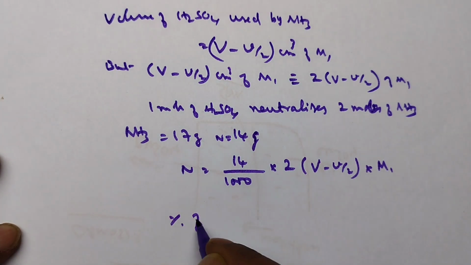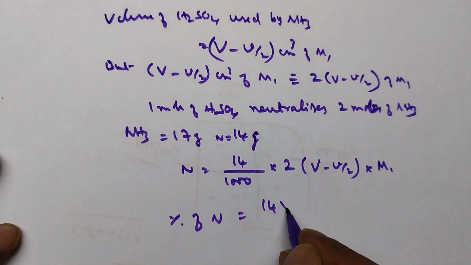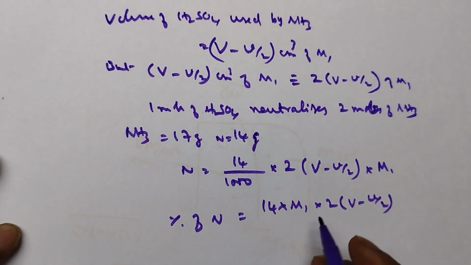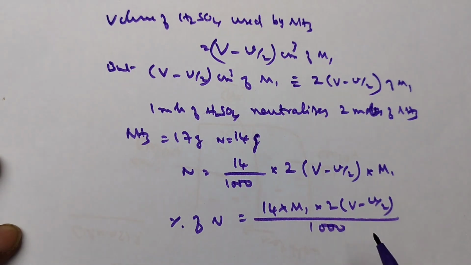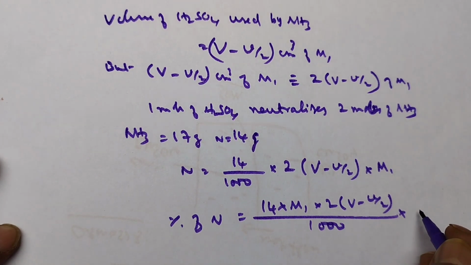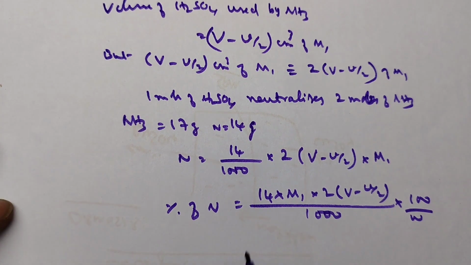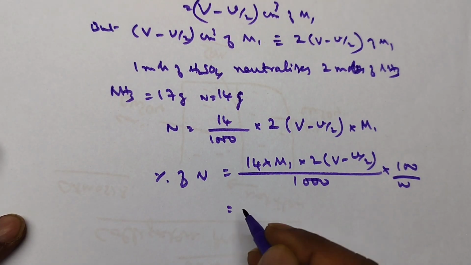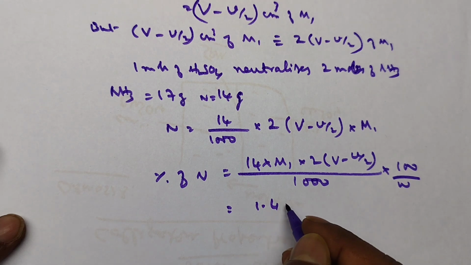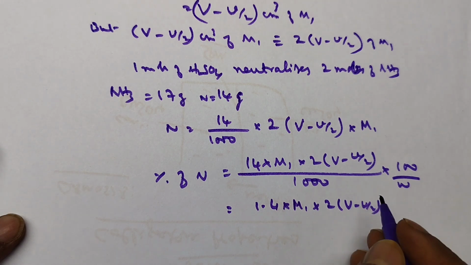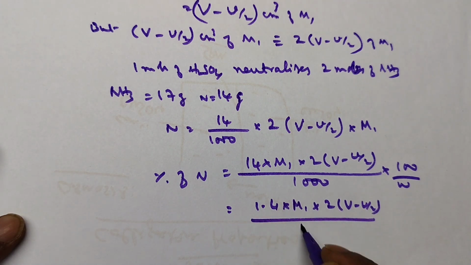The percentage of nitrogen is 14 into the molarity of the acid into 2 into V minus small v by 2, divided by 1000, into 100 divided by the mass of the organic compound W. Simplifying, it is 1.4 into M1 into 2 into capital V minus small v by 2, divided by W. That's all.